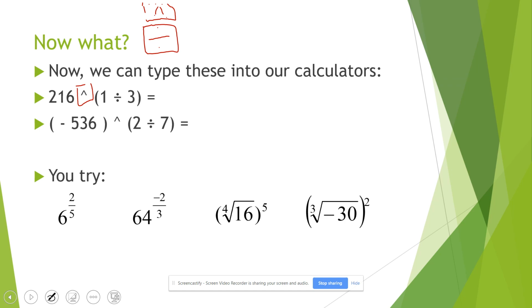So we type 216 caret parentheses 1 divided by 3 into our calculator, and we should get 6. Negative 536 caret 2 divided by 7, all of these parts in parentheses here. And we get a decimal. So let's take it to the hundredths place, and that'll be 6.02.